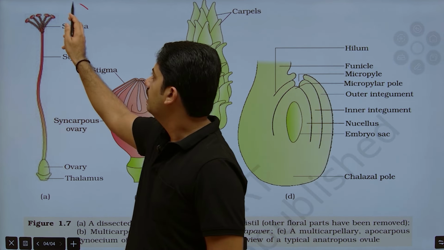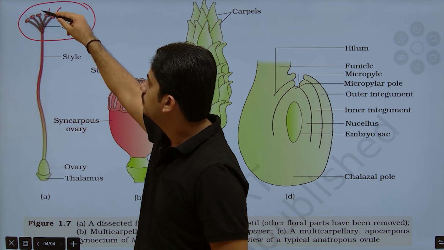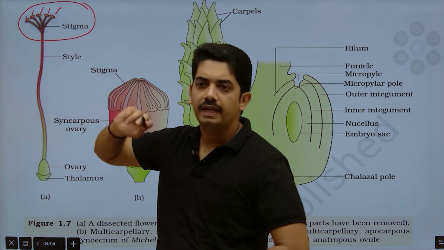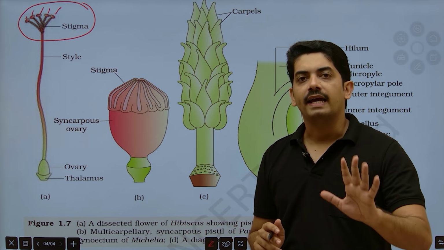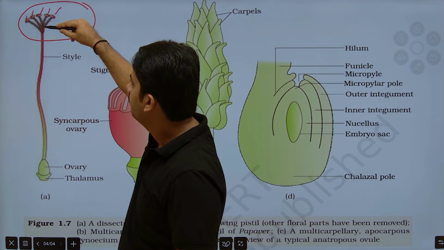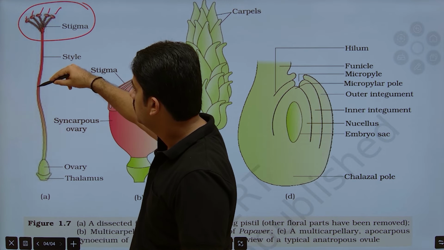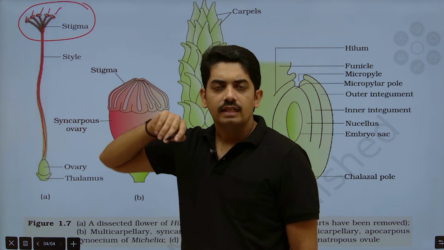this is the stigma. How many are there actually? 1, 2, 3, 4 and 5. What do they represent actually? There are 5 carpels. Now they are all fused here. Here they are all fused. Now tell me, whatever we are seeing here, is it a style?